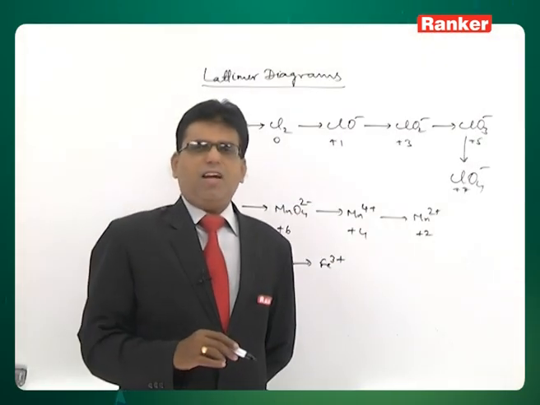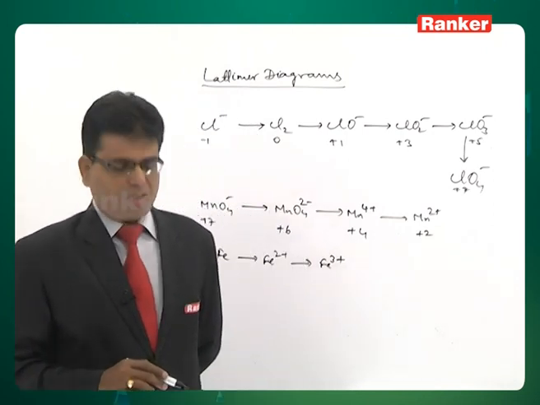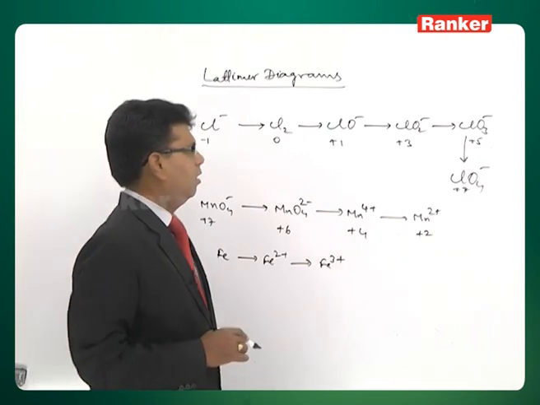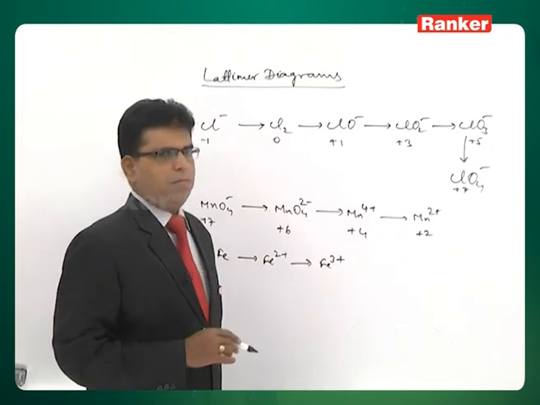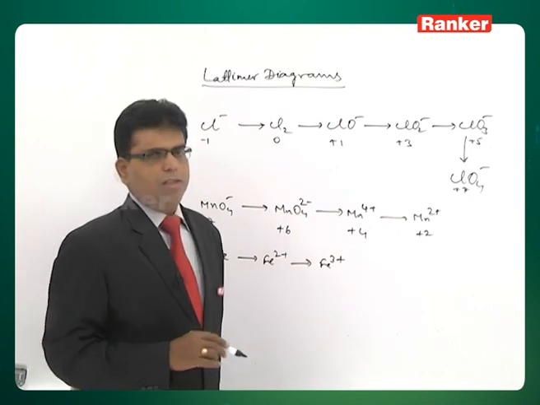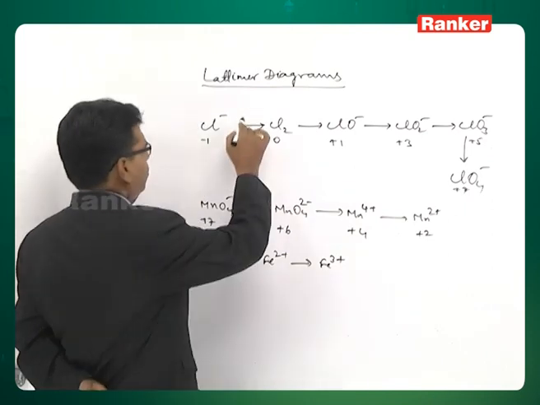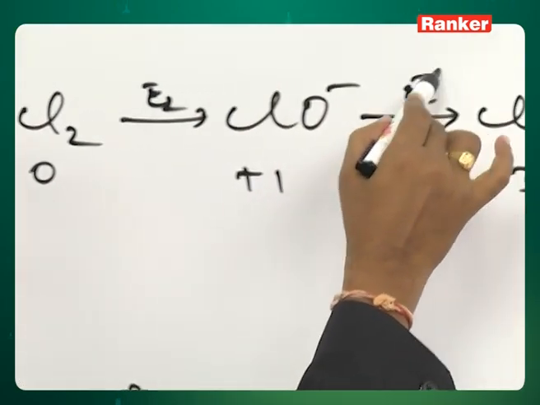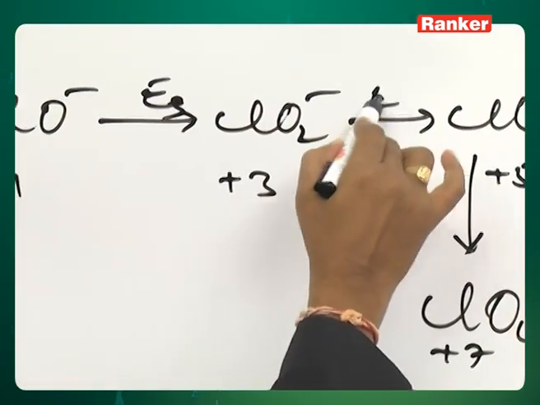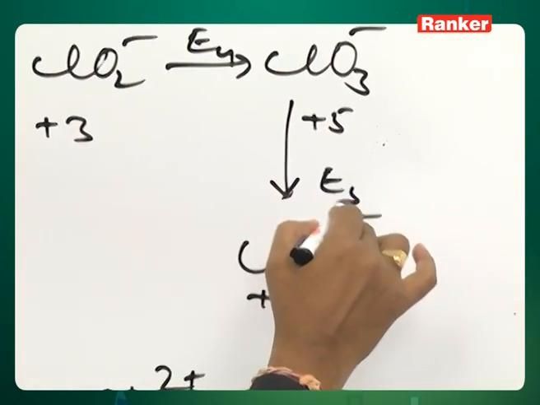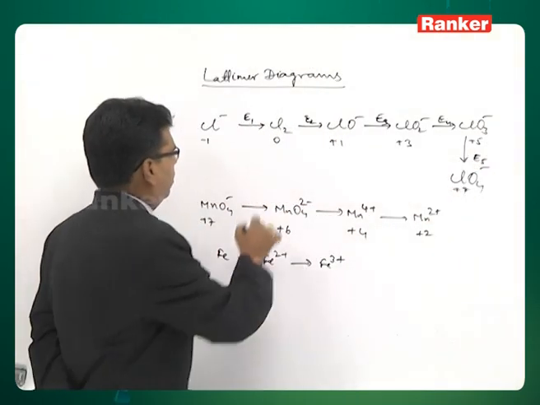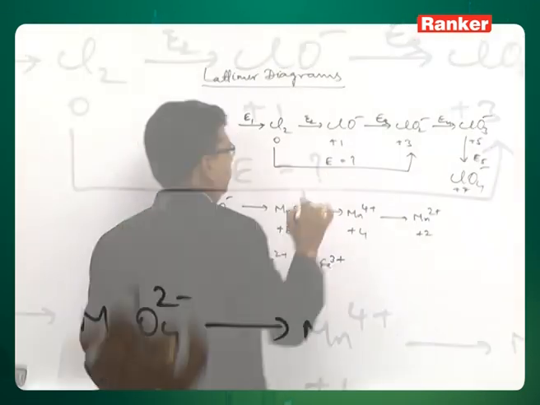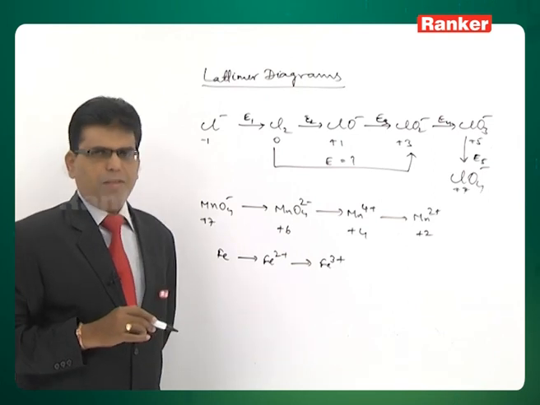So, when we have these kinds of sequential redox changes, then to determine EMF for any intermediate change, for each change if you are given the values E1, E2, E3, E4, E5, like this, if the values are given for each change, then if we want to determine E for this, how to determine that?